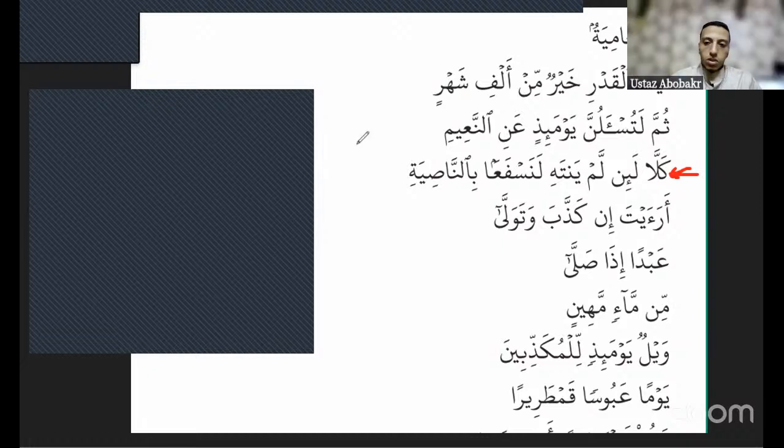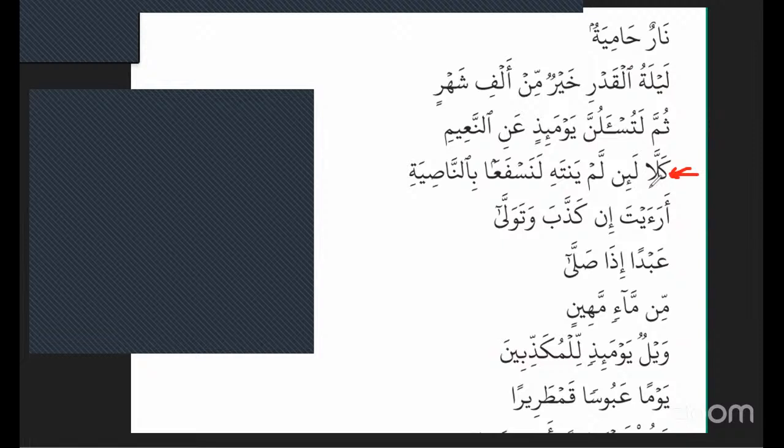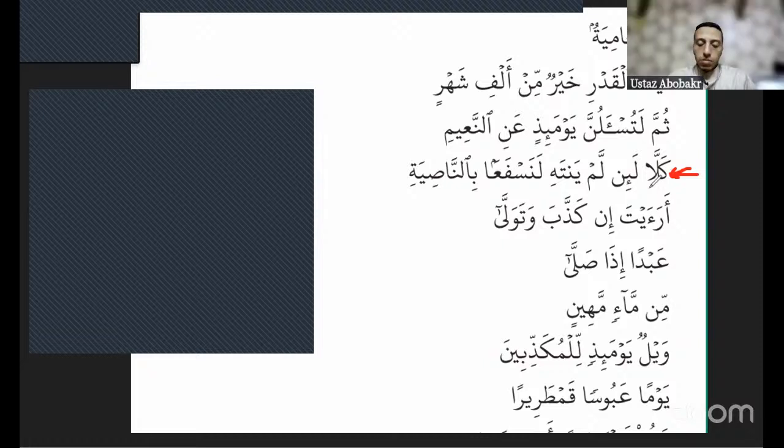Yeah, the first one is كلا. Can you read it again? كلا لئن لم ينتهي لنسفعا بالناصية. Okay, what are the examples that you could see here that are related to Nun Sakina and Tanween?